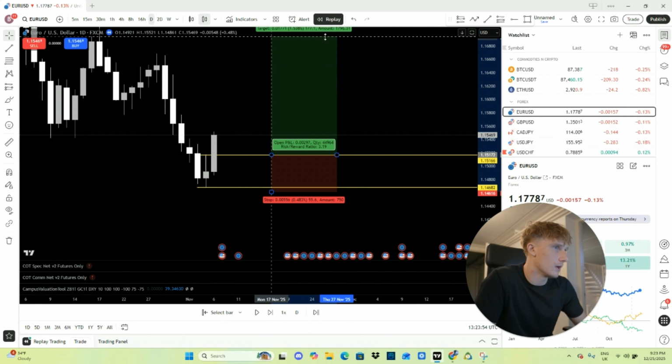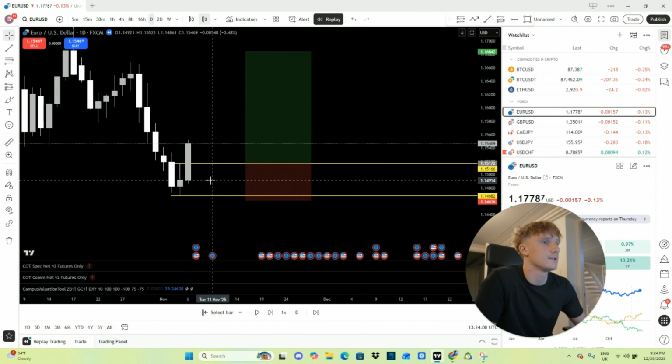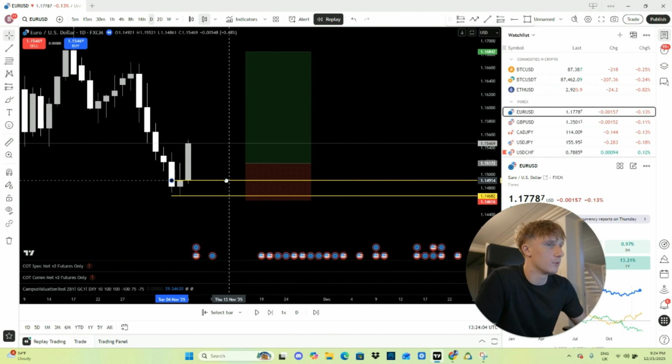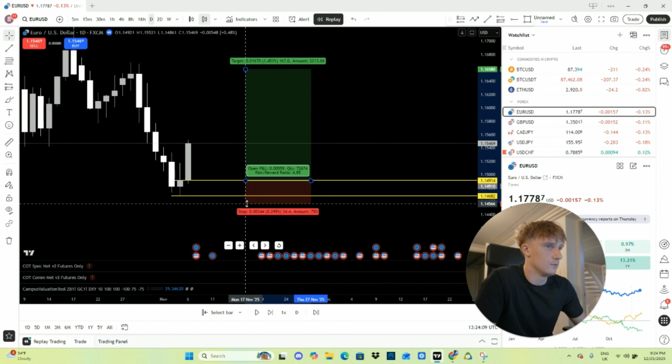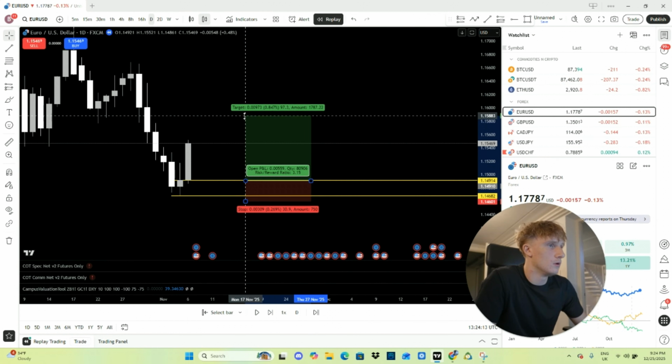And actually, usually we're aiming for a 1 to 3. So price has to travel this far just for us to get a 1 to 3. However, if we're using the preferred version, if we want to get a 1 to 3, well, price only needs to travel this far. Okay.